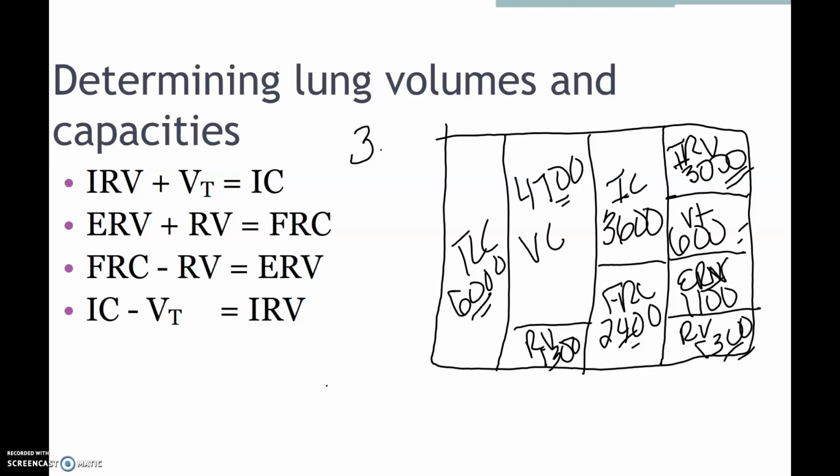So go ahead and pause the video right now and look at number 10 and go ahead and do that one on your own, and then I will give you the answers when you're done. So go ahead and pause that. When you're ready to come back, I'll have the answers for you. So number 10, if you've completed that, you should get an FRC of 2,600 milliliters, an IRV of 3,600 milliliters, a residual volume of 1,300 milliliters, and a vital capacity of 5,400 milliliters.